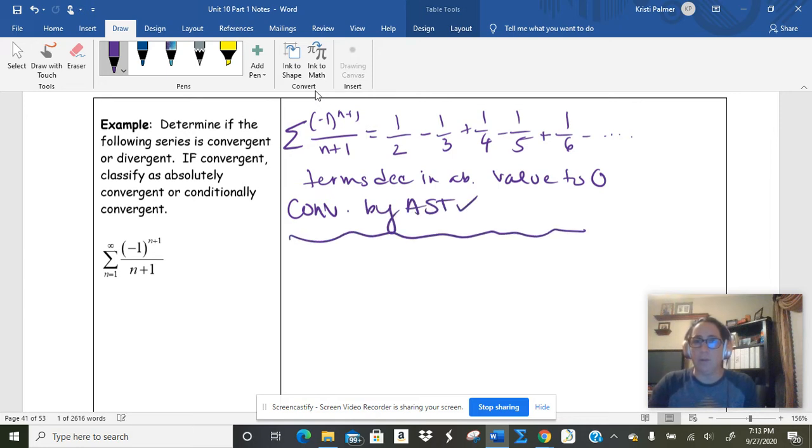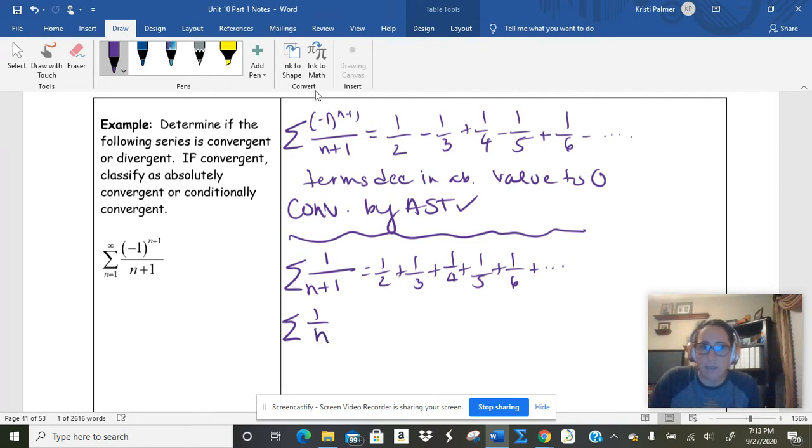Now we're going to get rid of all of those minuses, and see what that series would be. Well, it would just be this. And that is basically the same as if I started at 1 here, then if I wanted to subtract 1, I could add 1 here and just start at 2.